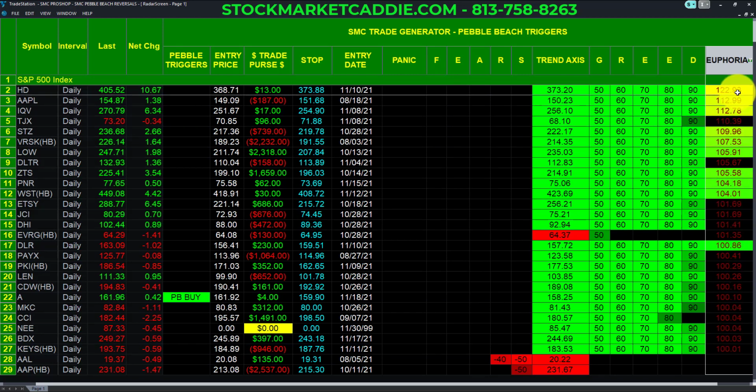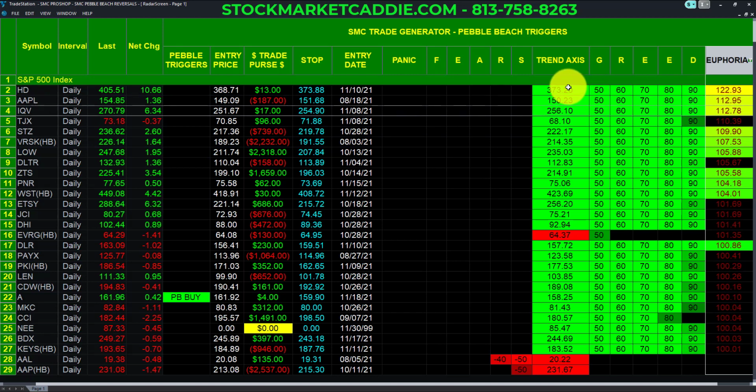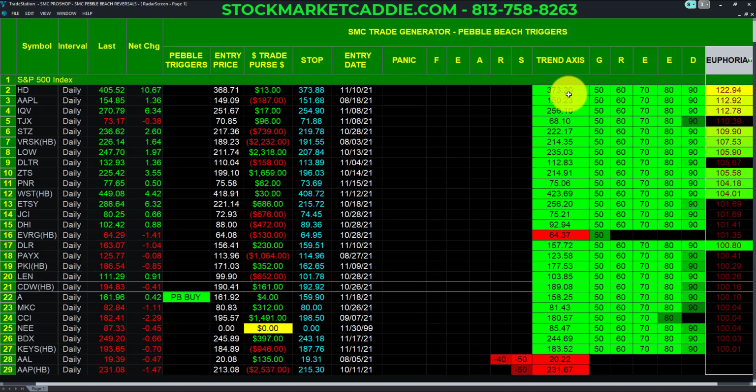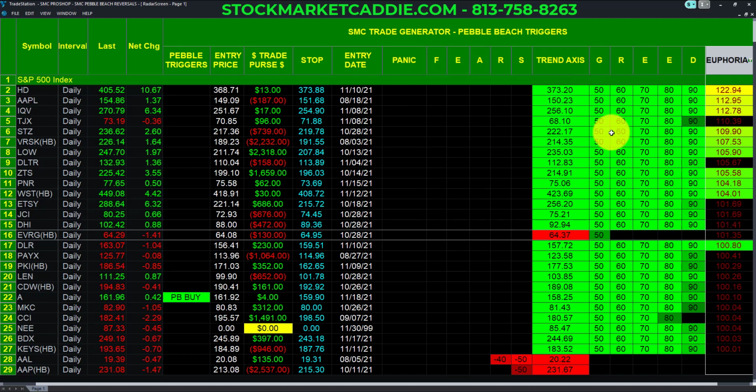But the likelihood is, over the next 20 days, that Home Depot is likely to move back toward the trend axis. It's at 405. It's likely to pull back. It would be healthy if it did pull back to about 373. Not obligated to do so. See, these here have already started. They were already up in here, and they've started moving back. Look at this one here. This Evergreen was in here just a short time ago and has pulled back in.